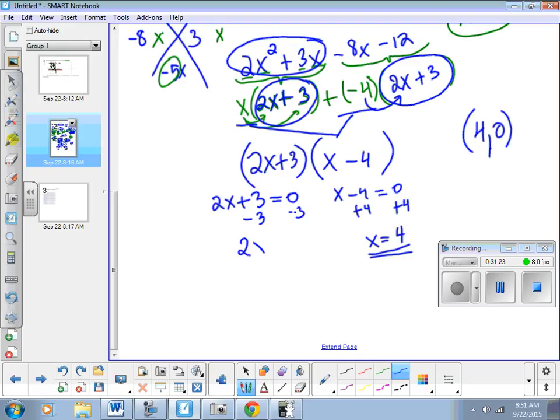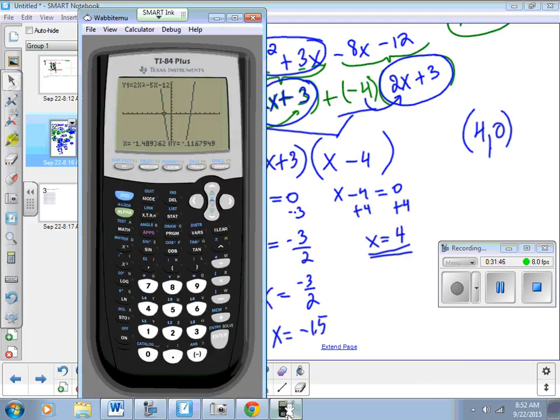That'll give me 2x equal to negative 3. Divide by 2. X is equal to negative 3 divided by 2. Can you just do 3 divided by 2 on your calculator real quick, see what decimal you get? 1.5. Negative 1.5, right? Remember the graphing calculator? It was almost right at negative 1.5, but did you see that the y value wasn't at 0 yet?